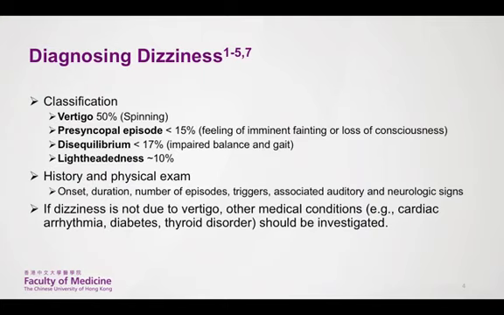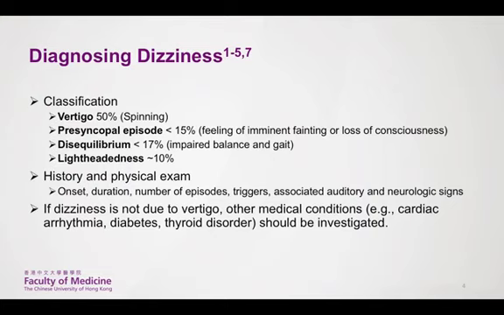The second type is a presyncopal episode, or the feeling of imminent fainting or loss of consciousness. The third type is disequilibrium, or impaired balance and gait. The fourth type is lightheadedness, which is an indistinct term used to describe symptoms that do not fit into the other categories.